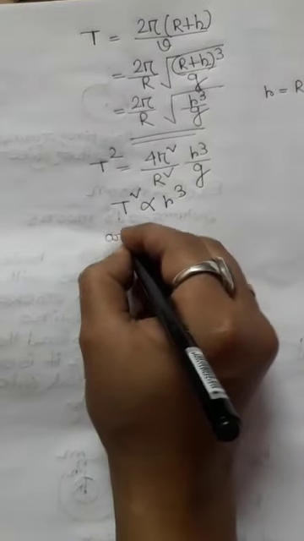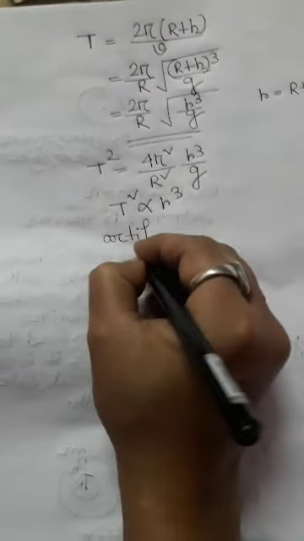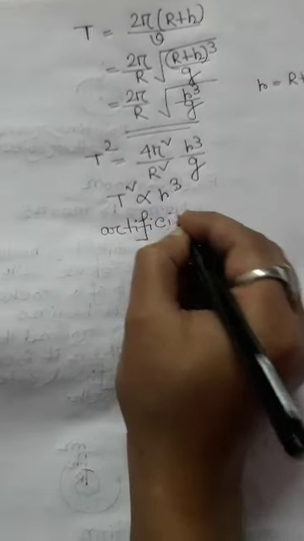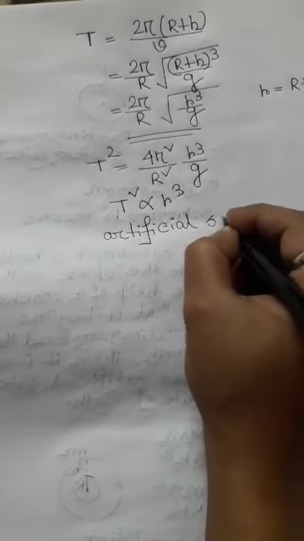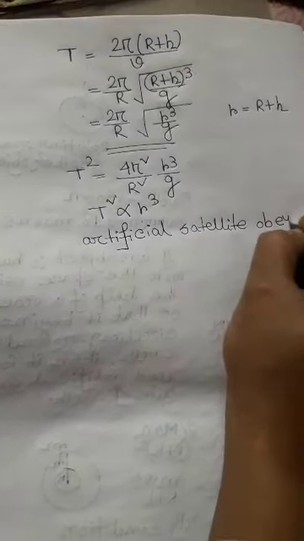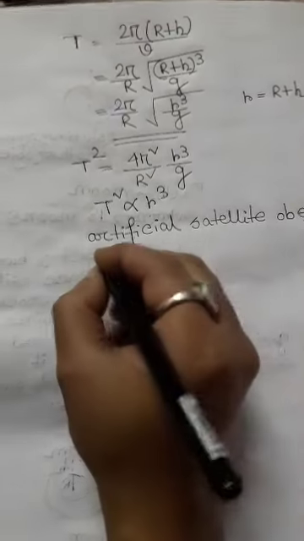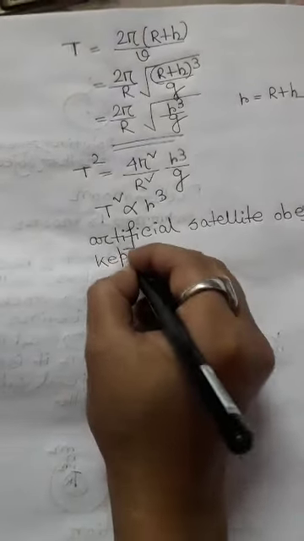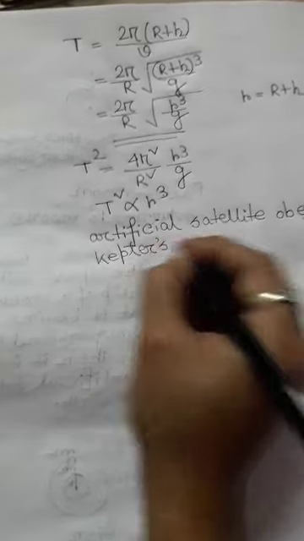So clearly we see that an artificial satellite obeys Kepler's third law.